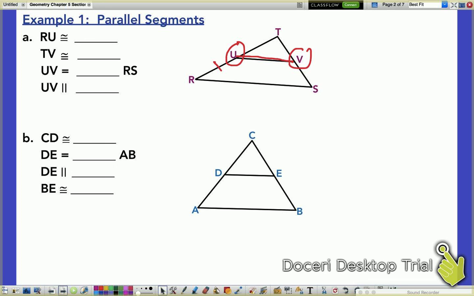So RU would be congruent to TU or UT, however you want to name it. Okay, TV, which is this, I should erase these marks right here so it's easier to see. TV would be congruent to VS.